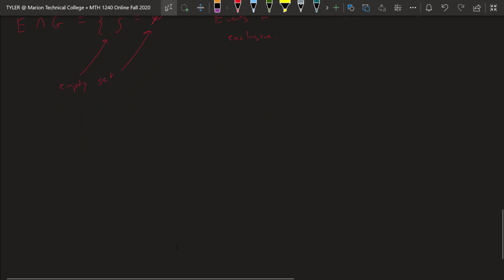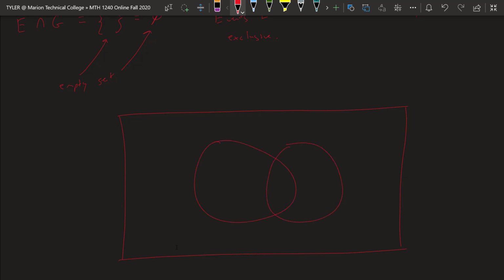If we were to look at a Venn diagram between the sets E and G, here we would have 1, 3, 5, 7, 9, 11, and over here we would have 2, 4, 6, 8, 10, 12, and that's all the numbers. I'm not going to have anything on the outside of the circles, and notice there's nothing in between, because there's nothing in common.